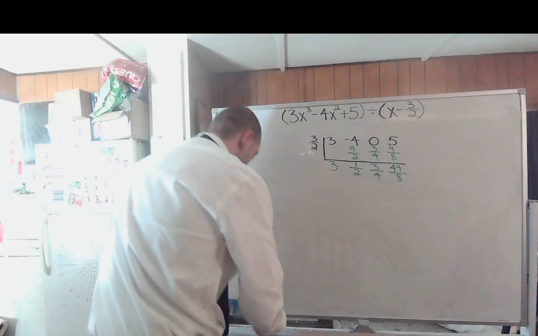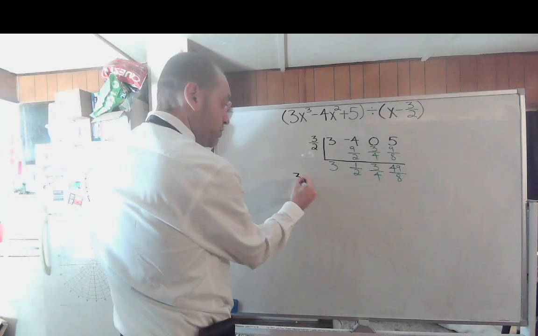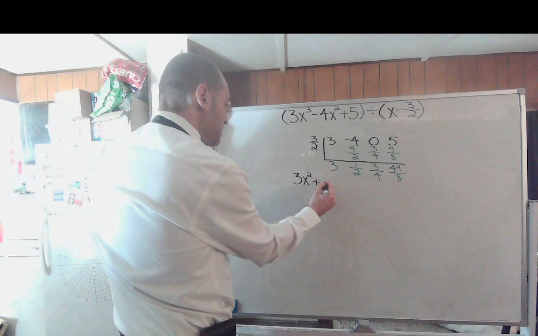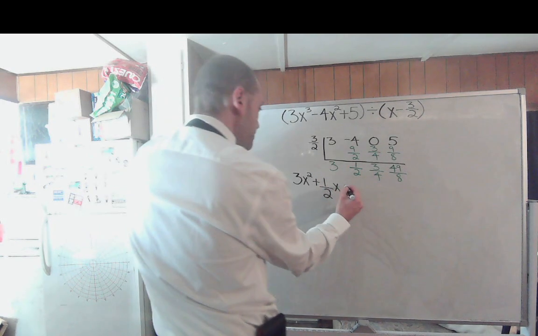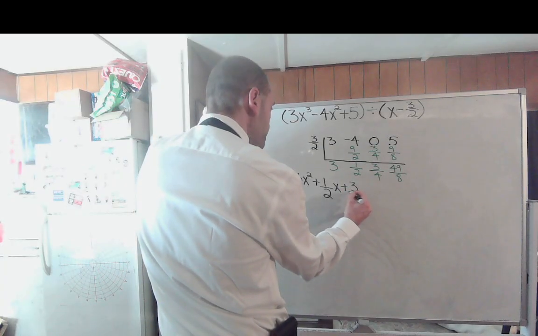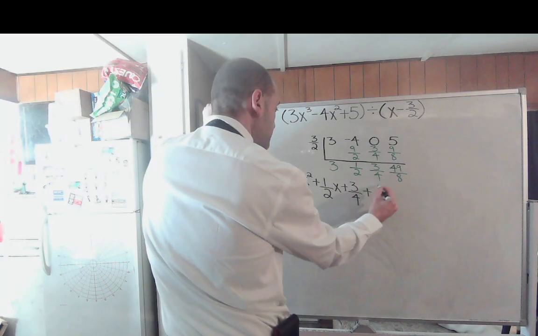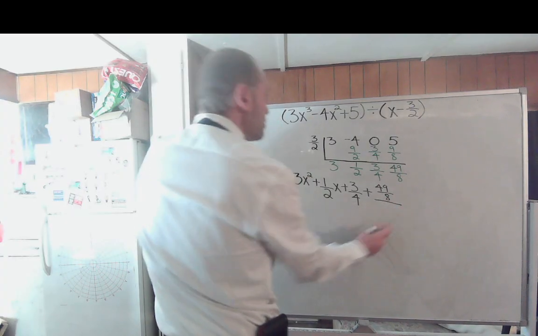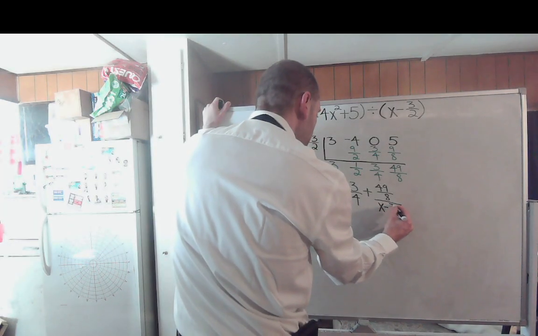So how you're going to write the result is, for your quotient, it'll be 3x squared plus 1/2 x plus 3/4, plus that remainder of 49/8, so plus 49/8 all over your divisor of x minus 3/2.